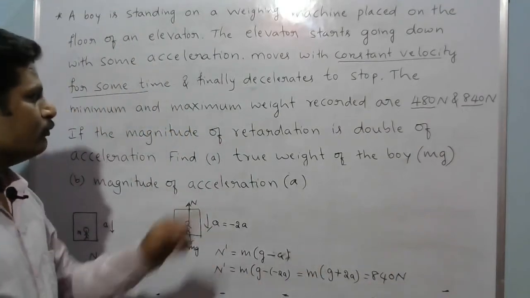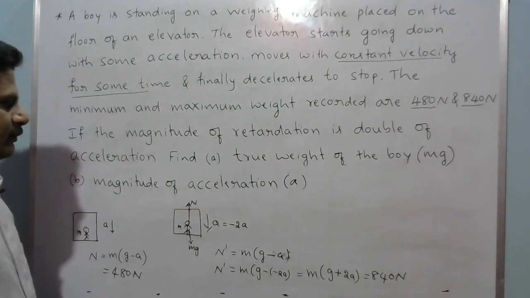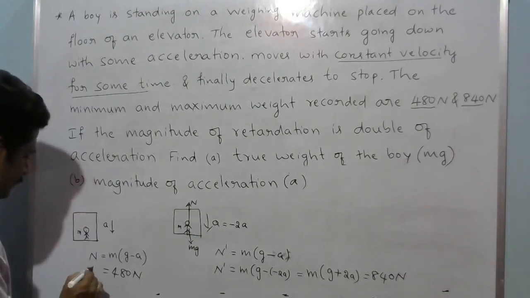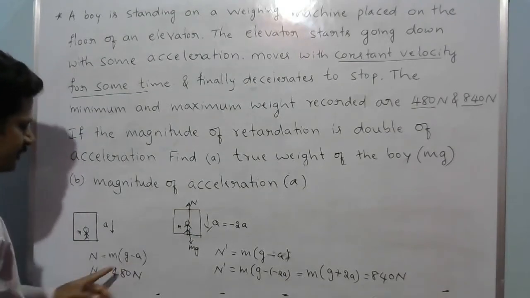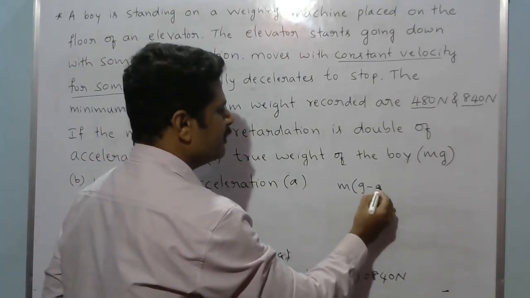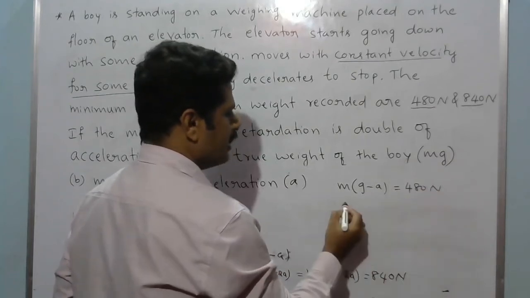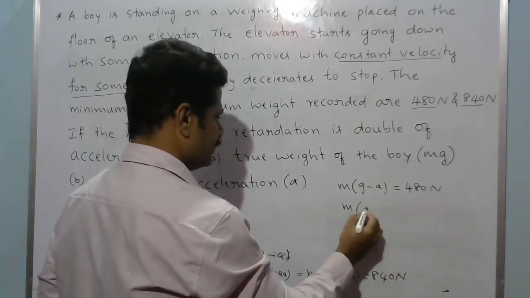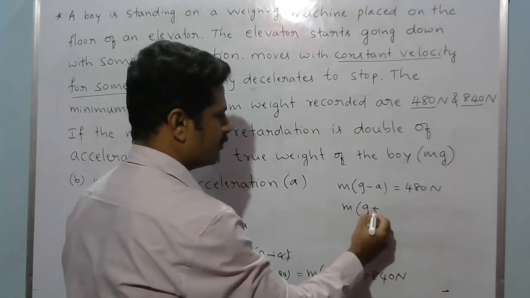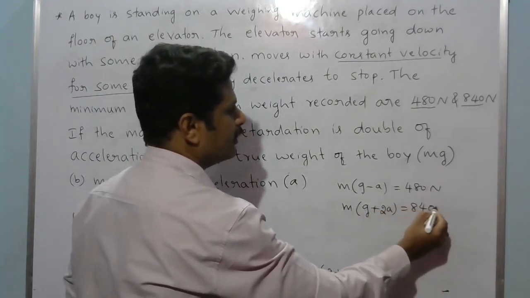That we have seen. Now what we need to find out? We need to find out the true weight of the body and the magnitude of the acceleration. Okay. So let me take this. That is mg minus a. So let me write m of g minus a is equal to how much? 480 Newton. And m of g plus 2a is equal to 840 Newton.